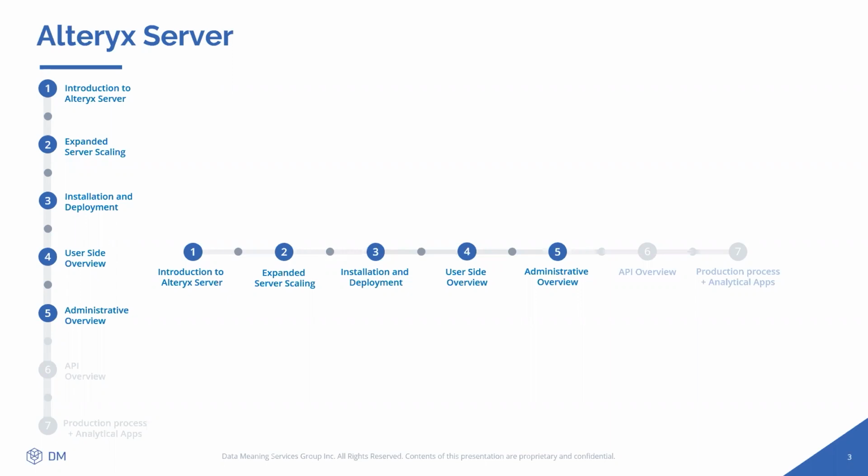Of course, we'll still be talking about APIs in our next session, as well as the production process, plus analytical apps. And there you'll have an idea on how to publish your workflow for the first time, as well as all the errors that you can have there.